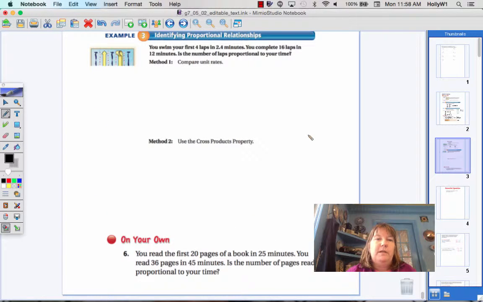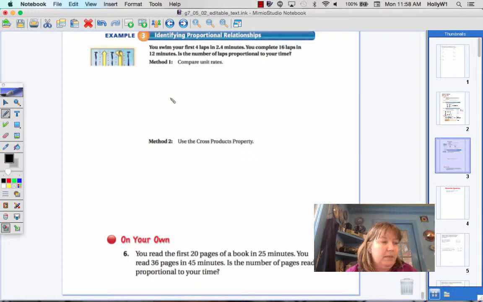Okay, there is another way. The two other ways to determine whether or not something is in a proportional relationship. So let's see. If you swim your first 4 laps in 2.4 minutes, and you complete 16 laps in 12 minutes, is the number of laps proportional to your time?